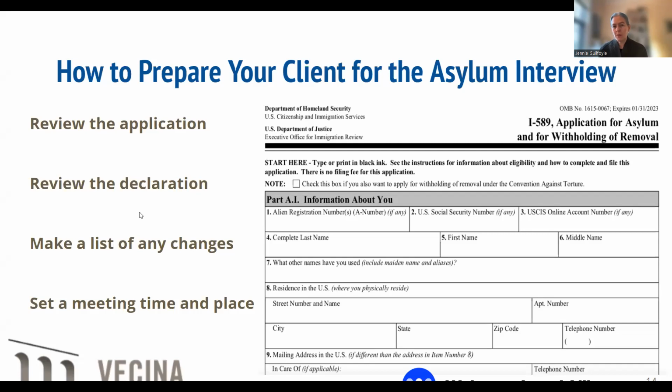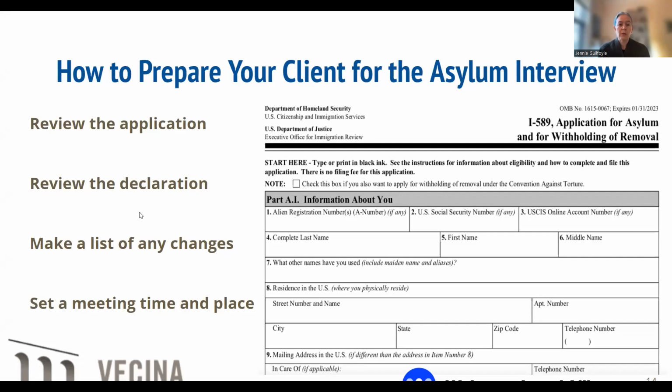So in terms of preparing your client for the asylum interview, some really important things to do are reviewing your client's asylum application with them in advance. It's really crucial to go over the entire application with the client in advance of the interview.